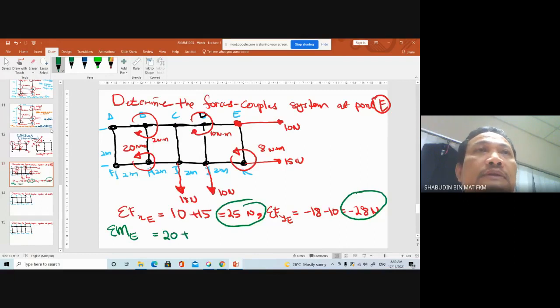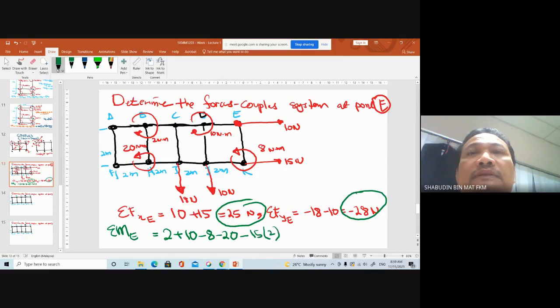So you will have 20 plus 2, plus 10, minus 8, minus 20, minus 15 multiplied by 2.